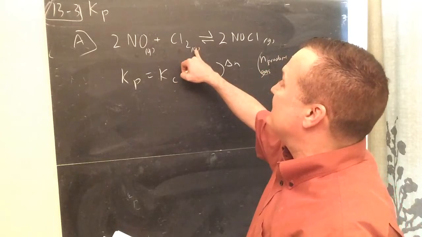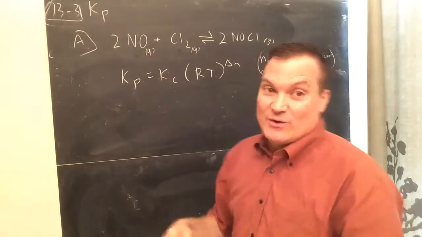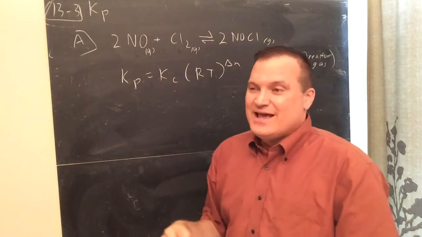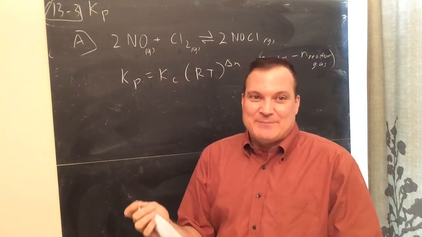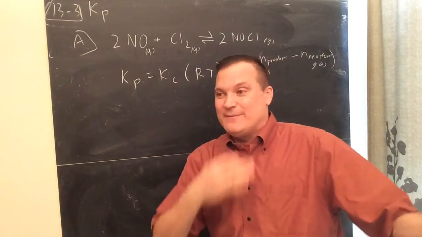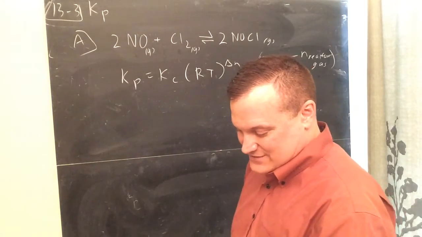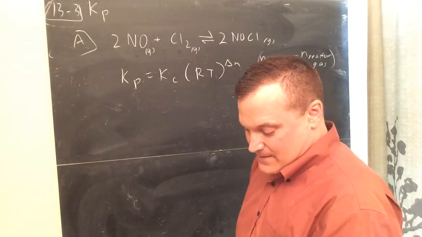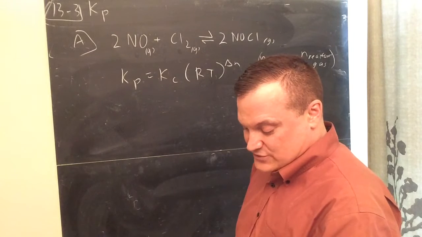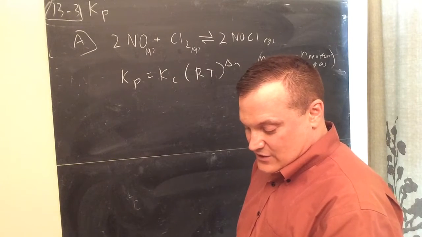Like if that was aqueous and the others were gas, then only the gases would be in the expression. I haven't seen that really happen, but it could. I'm sure somewhere it might have happened in the multiple choice in 80 or 90 years of AP exams. And they give you the pressures of NOCl, NO, and Cl2.